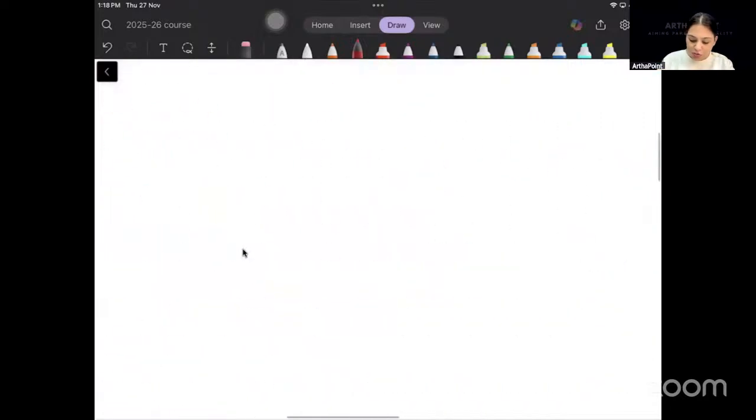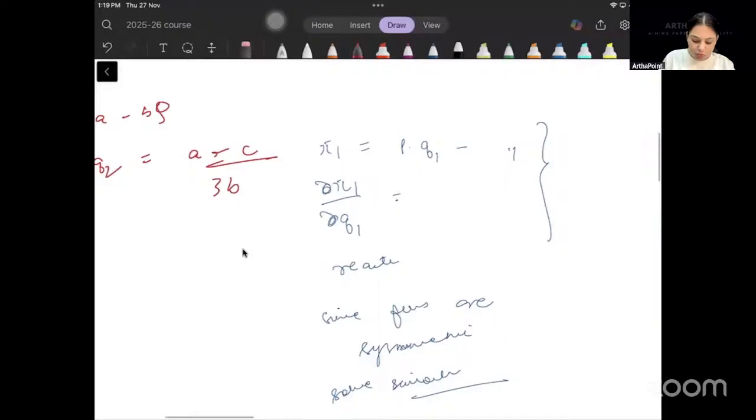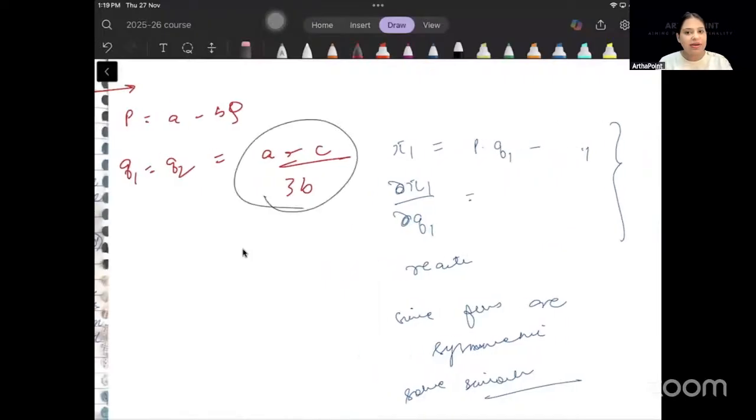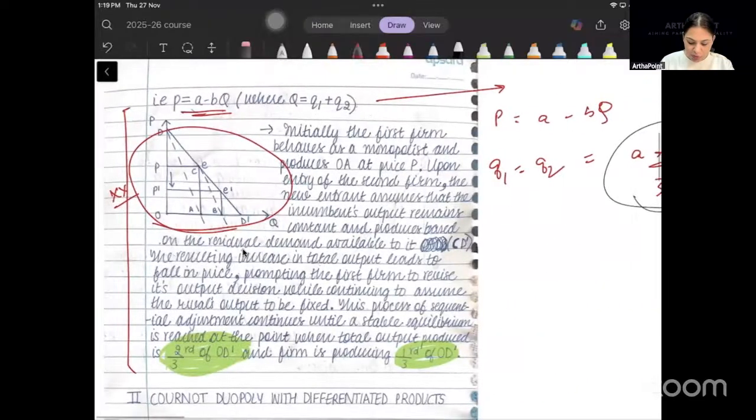So we know that the equilibrium will happen where the best response functions meet, and that is exactly going to be my equilibrium here, (a minus c) by 3b. So this diagram does not make a lot of sense; what we want to imply from this diagram is unclear.